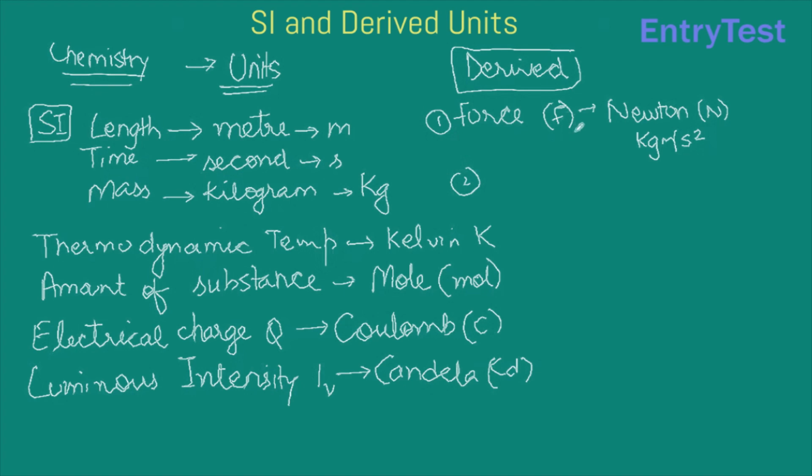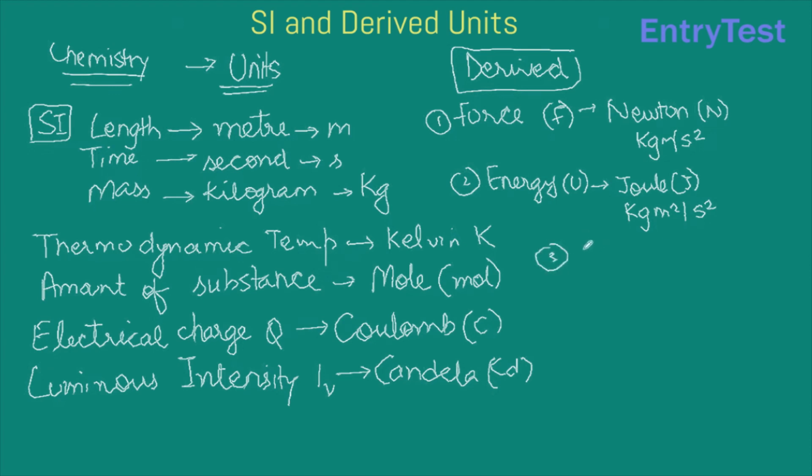The second derived unit is of energy, which is represented by U, and the derived unit is a joule. And in terms of the SI units, 1 joule is equal to 1 kg meter square per second square.